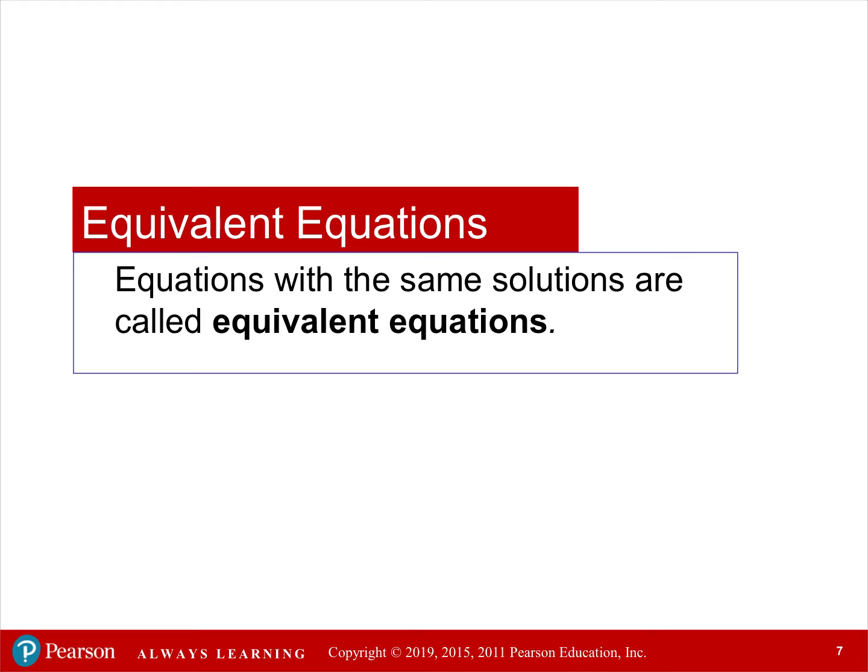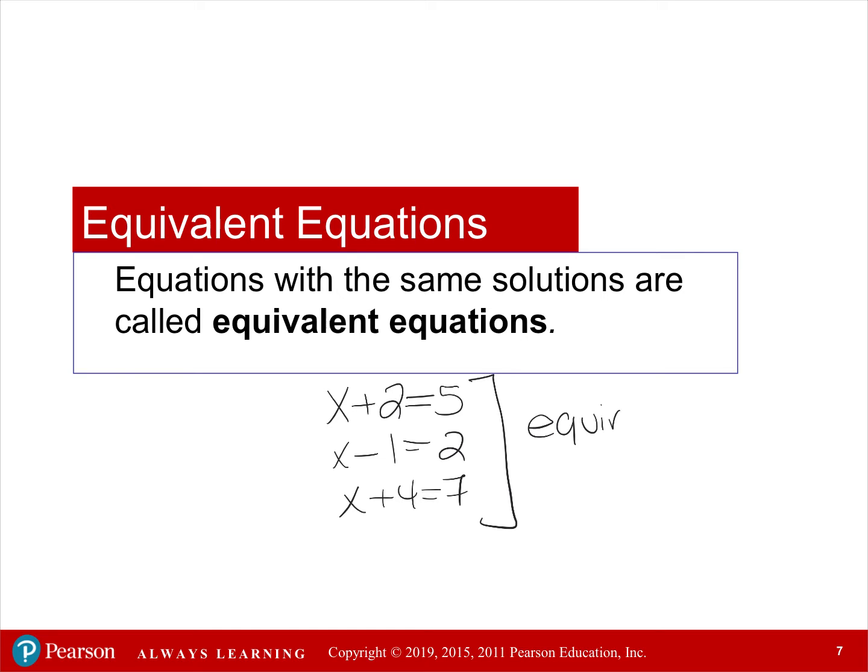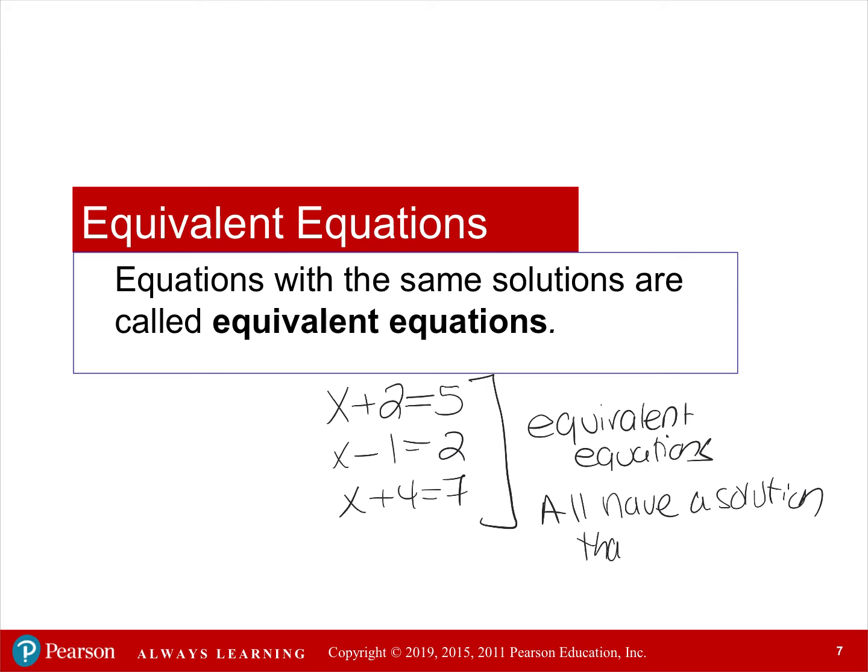Sometimes we look for what's called an equivalent equation. So x plus 2 equals 5, x minus 1 equals 2, x plus 4 equals 7. These are examples of equivalent equations because they all have a solution that is 3.